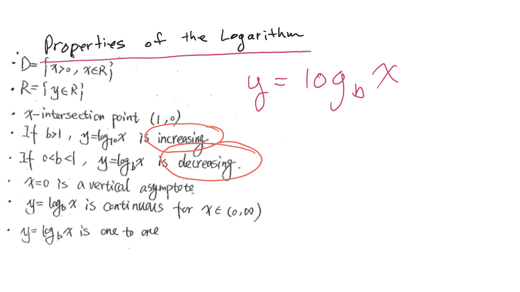The equation is y is equal to log, and it's always continuous. And remember, it's also 1 to 1, so that means if I know what my equation is for y is equal to log base b of x, I can always go and find its equivalence, okay? As an inverse.